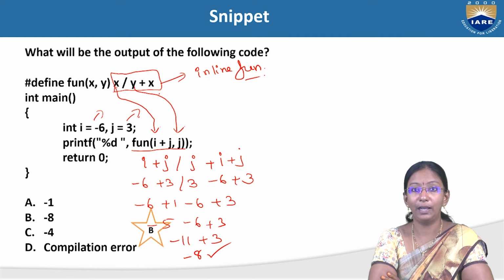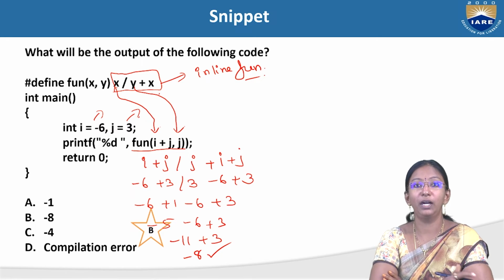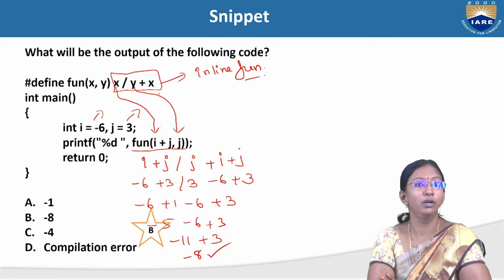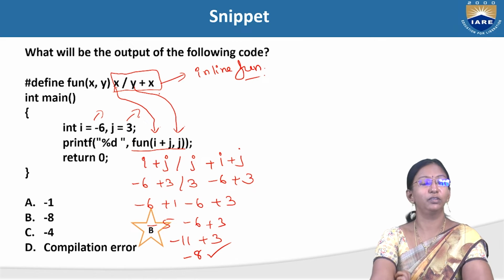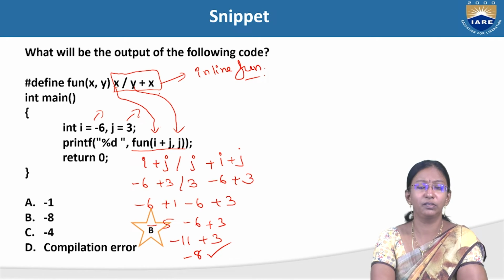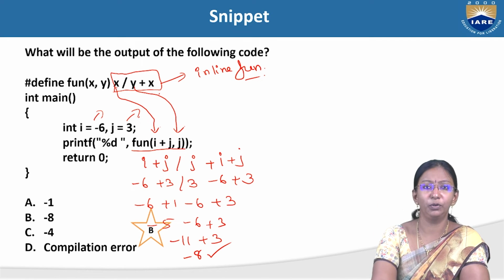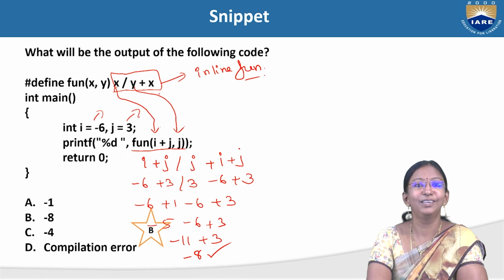Don't do any evaluations with the parameters which you are going to pass. If you do that, you will get the answer as minus 4, where you are going to miss your chance. And don't even think that it is a compilation error. Inline functions, just go through your theory notes and refresh. You might have heard about it, but forgotten. So refresh it.